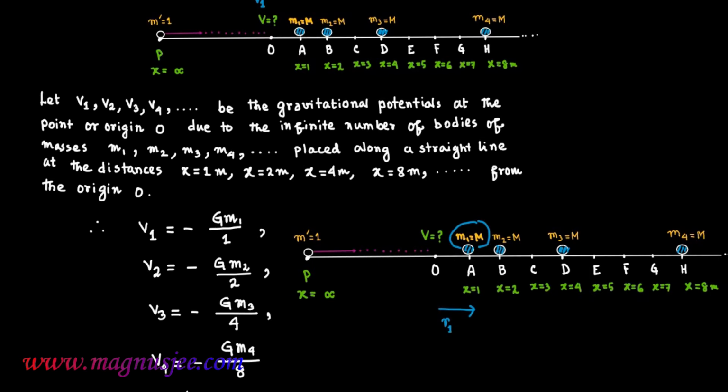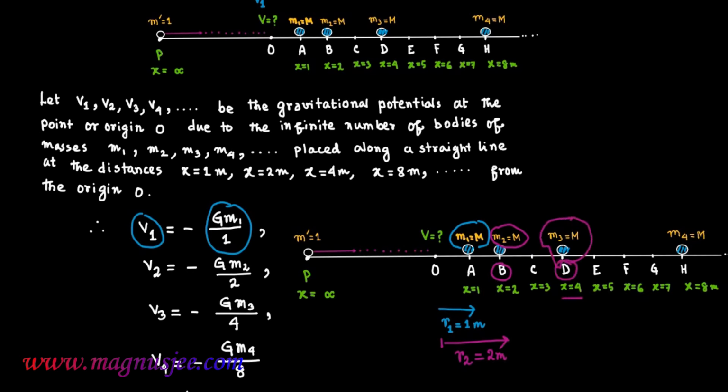The body of mass m1 equal M is at a distance r1 equal 1 meter. That's why V1 equal minus GM by 1, where 1 is the distance of the first body from the origin. Similarly, the second body of mass m2 equal capital M is at a distance 2 meter.